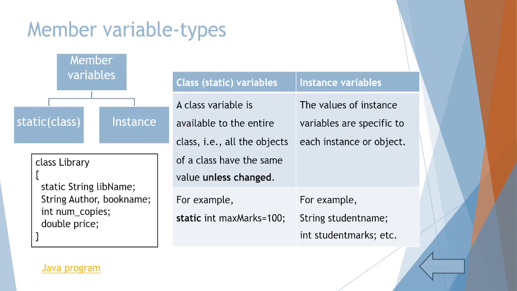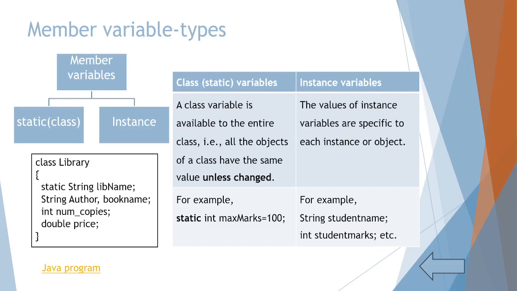So the names or numbers which do not change for each object or each book are known as static variables, but if they might change for each book, then it is known as an instance variable.